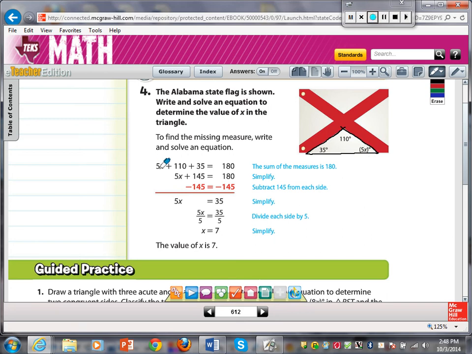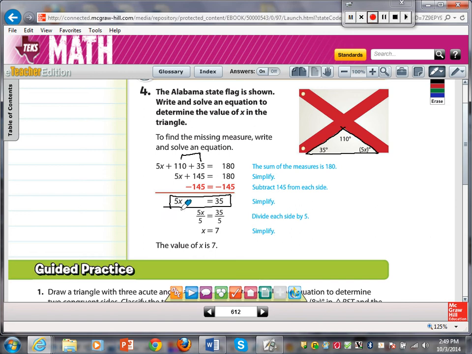We start with 5x, says find the missing measure, write and solve an equation. So we got 5x here, plus 110, plus 35, that should equal 180. Now here, they combine like terms, 110 plus 35 is 145. Now we have a two-step equation here. We subtract 145 on both sides, and we end up with 5x equals 35, a brand new equation.